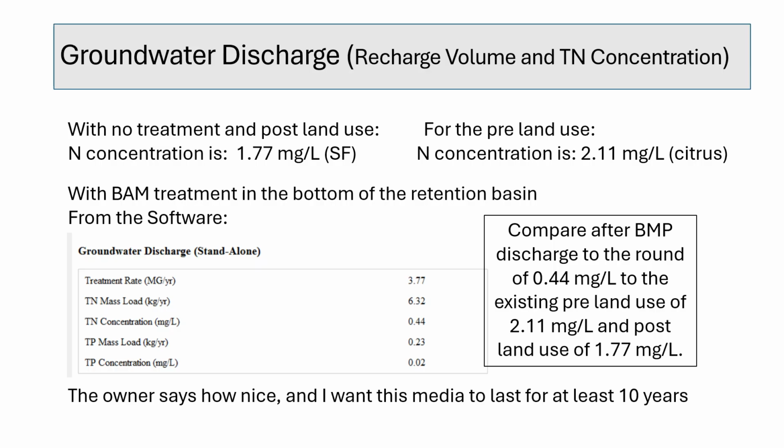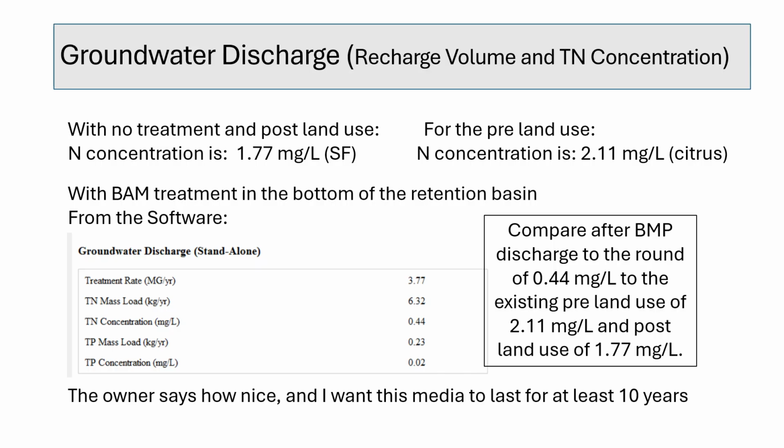Without any treatment, the nitrogen concentration discharged to groundwater from the pre-existing citrus land use was 2.11 milligrams per liter. For the post-land use condition, representing a single-family development without treatment, this concentration would be 1.77 milligrams per liter.